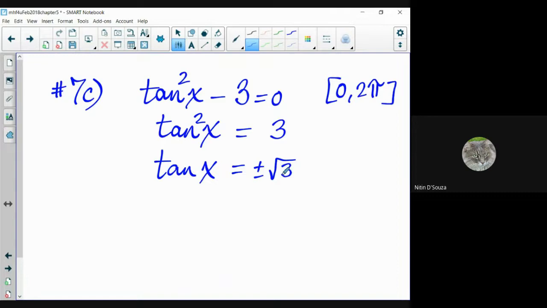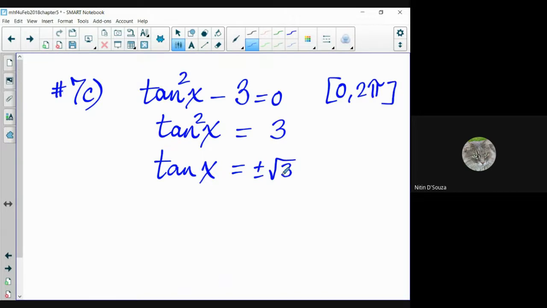So tan is sine over cos. And the only way to wind up with that radical 3 on the top is if your sine was root 3 over 2 and your cosine was 1 over 2. Then sine over cos would be root 3 over 1.